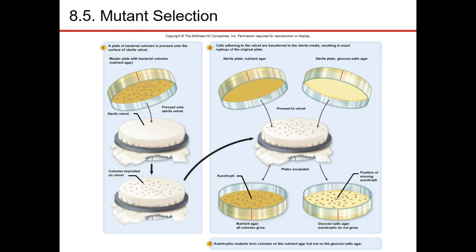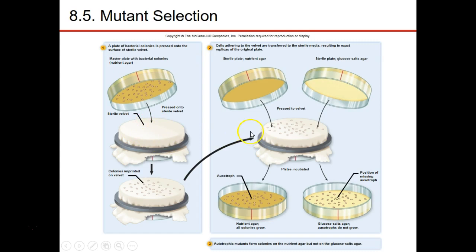We start with a colony or a series of colonies on nutrient agar, and we know that some of these colonies may not be able to grow without all of the growth factors added. Once we have all those colonies, we mark the front of the dish. We then take a sterile velvet and press it into the agar so we get a picture of all the colonies.